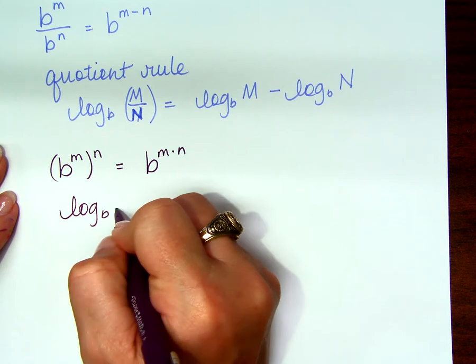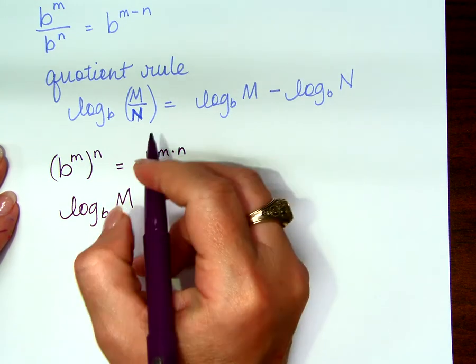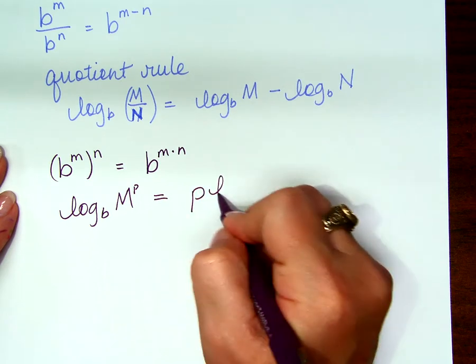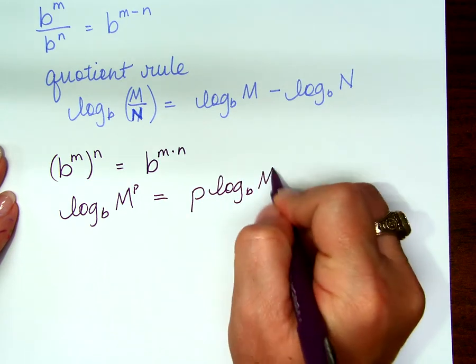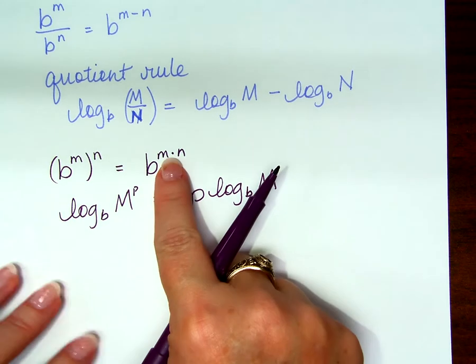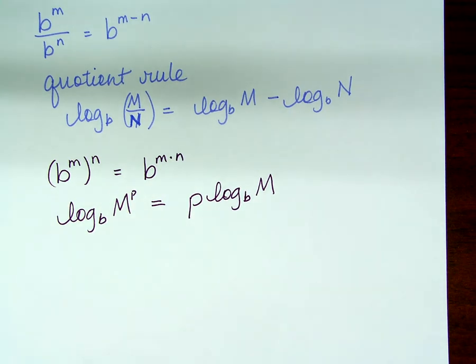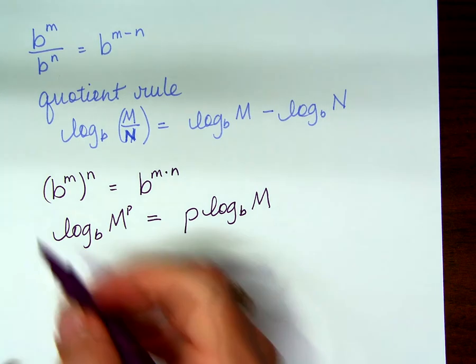Log base b of m to the p power is going to equal p times log base b of m. It's a multiplication thing. This exponent comes down in front as a multiplier. I just made up a word apparently. Oh, I forgot to write the name of the rule. That's the power rule.